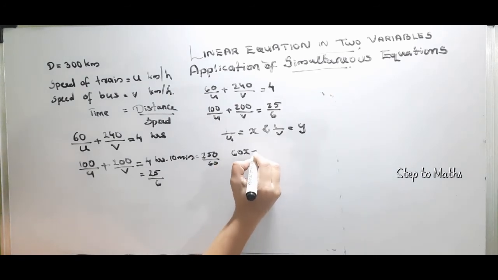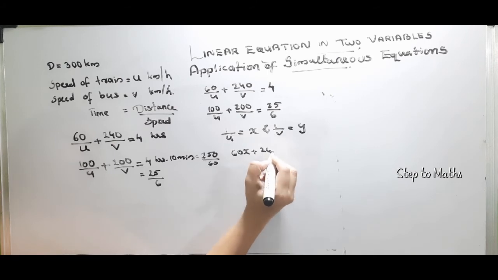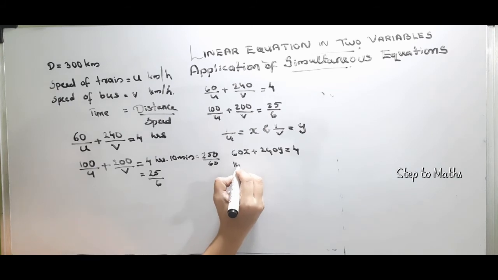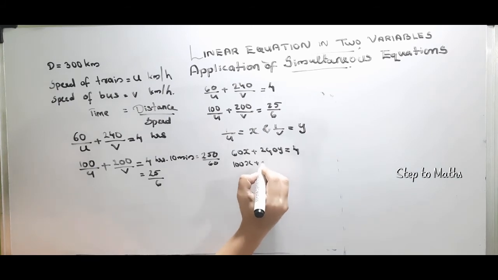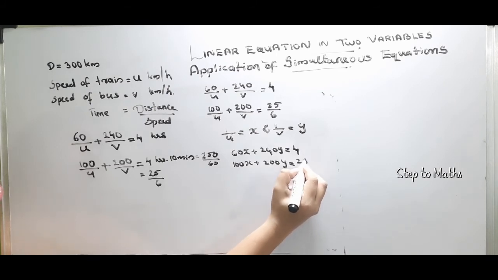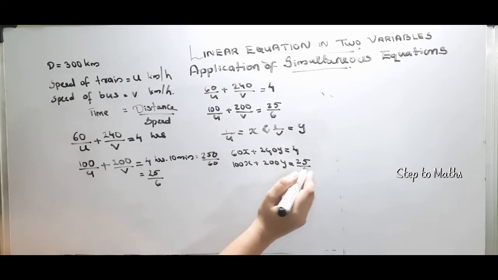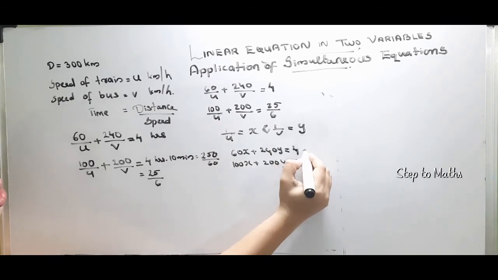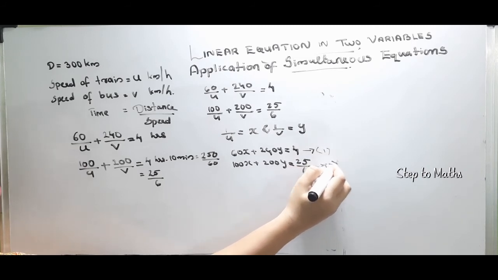60x plus 240y equal to 4, and 100x plus 200y equal to 25 by 6. If we cross multiply this 6, this we can label as equation number 1, this as equation number 2.